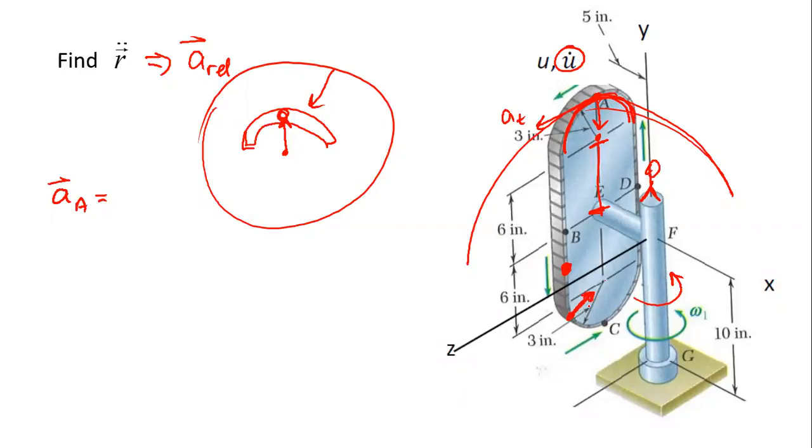Then how would those values work out? My only answer is that it really goes back to v squared over rho times e sub n plus v dot times e sub t.